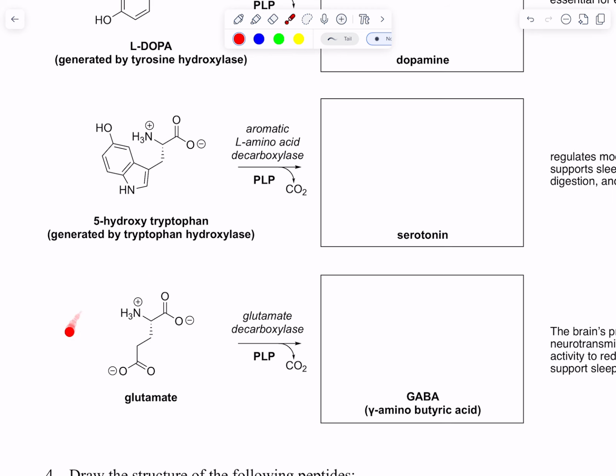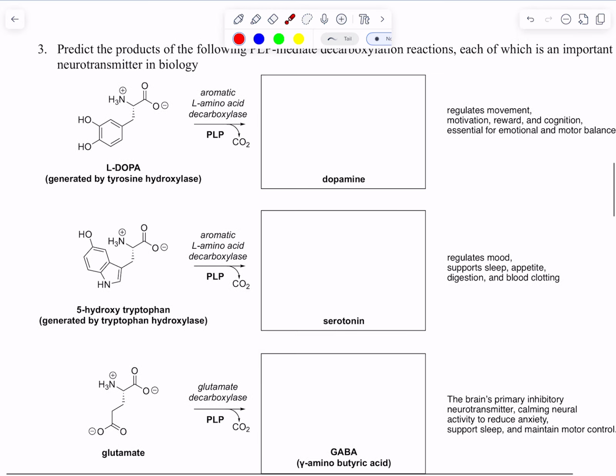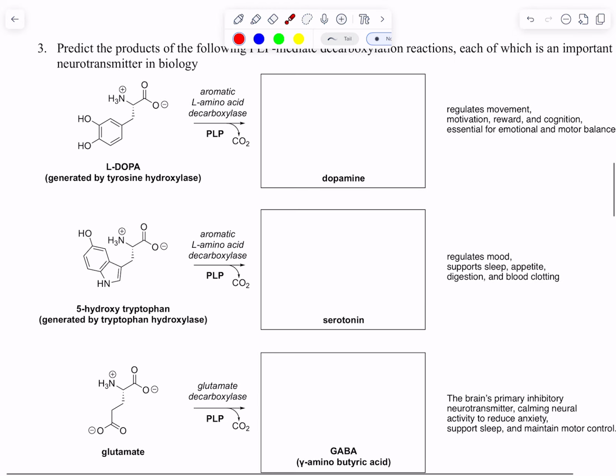And then this is glutamate, which is going to get decarboxylated to form gamma-aminobutyric acid, or GABA, which is another neurotransmitter. So go ahead and see if you can predict those products based on what you know about decarboxylation.